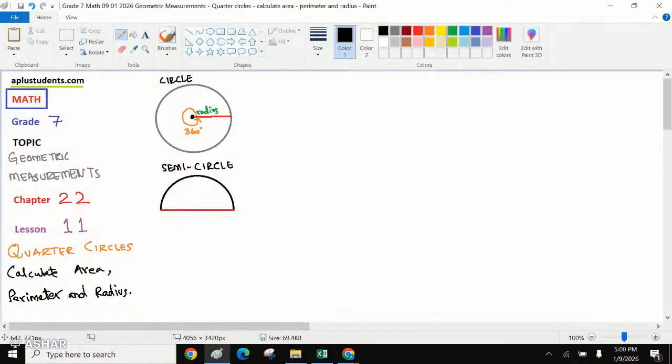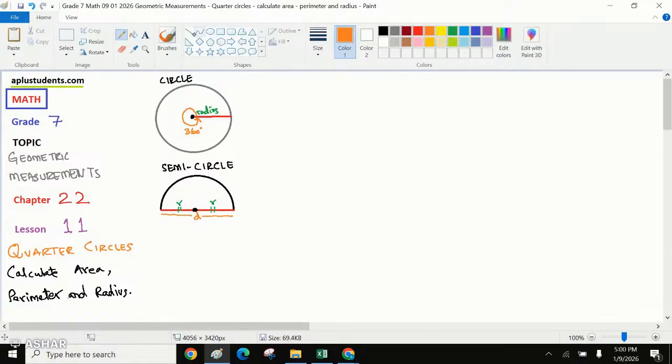That means these two lengths over here are the radius, agreed, and the total length would be the diameter, because diameter is twice the radius, agreed.